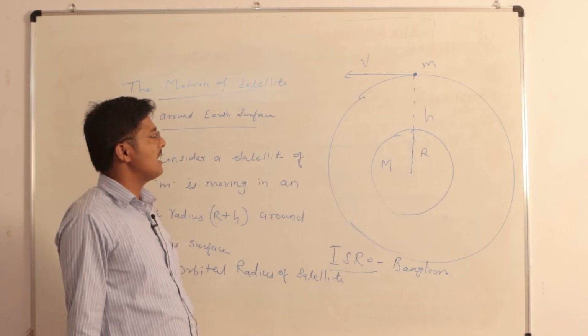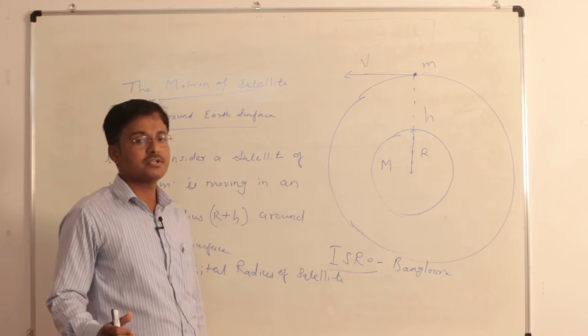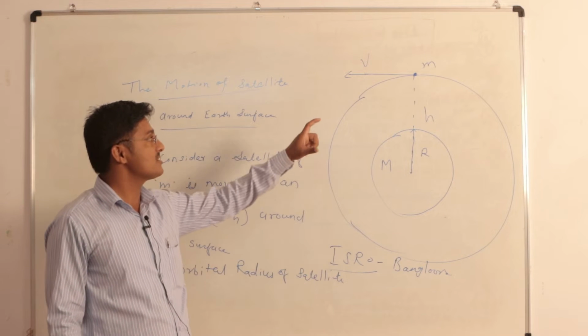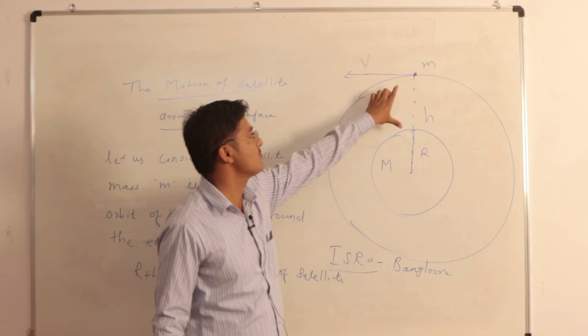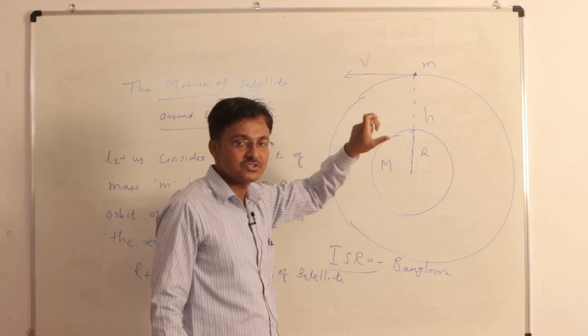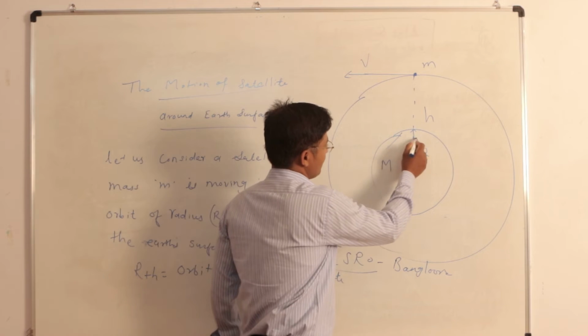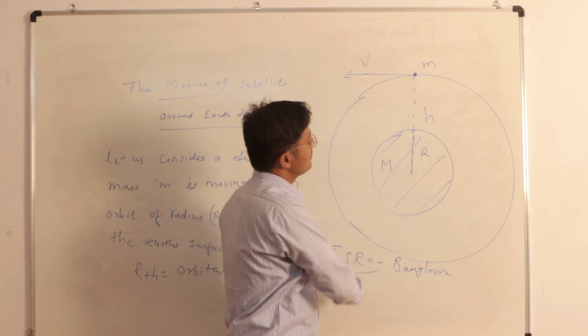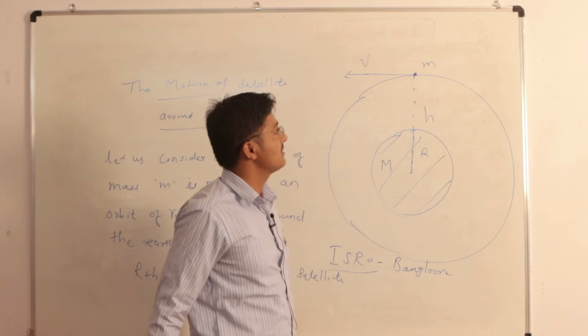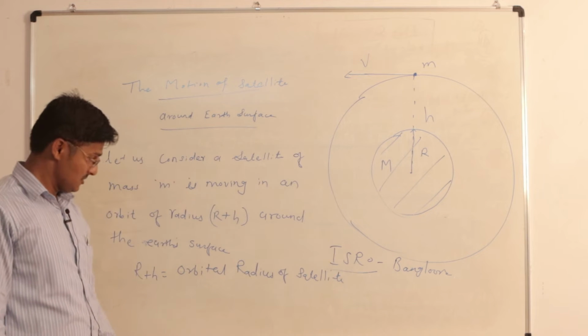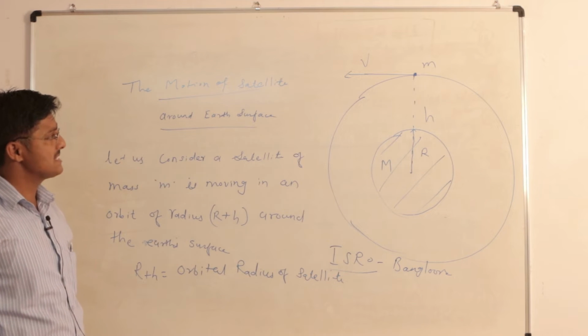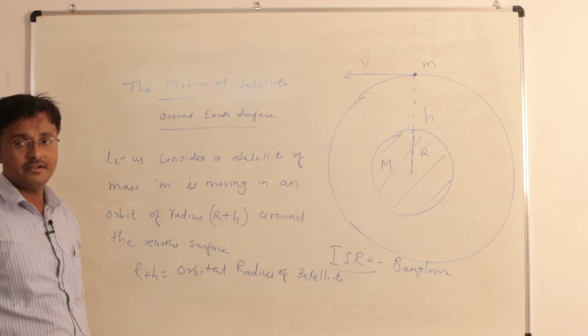Now first I will ask a question to the students. How many forces act between these two bodies, capital M and small m? Capital M is the earth and small m is the mass of the satellite. You might have studied the centripetal force in 12th science.